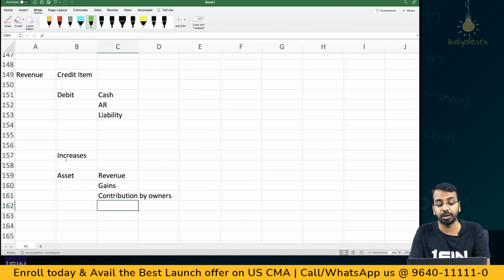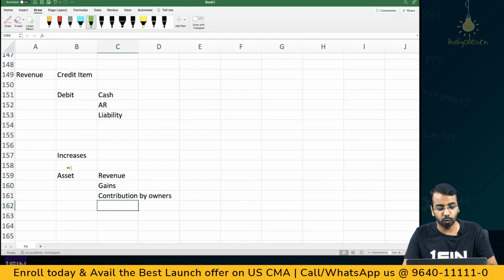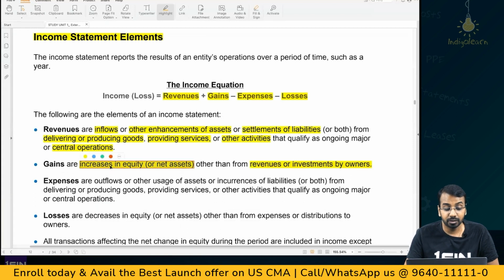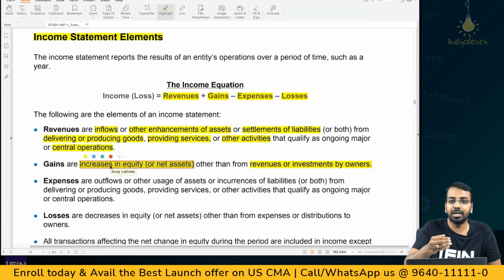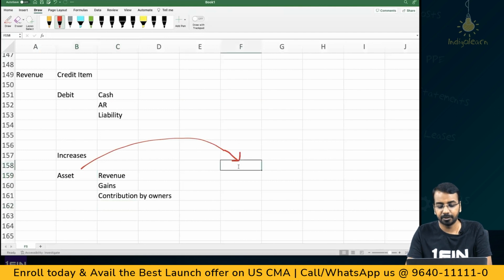owners. Okay. So revenue comes from customers. Gains, sale of fixed asset. Contribution by owners. The owners have given us money. They have invested money. That also has increased our asset. So when I say increase in asset, it also means that equity increases, right?